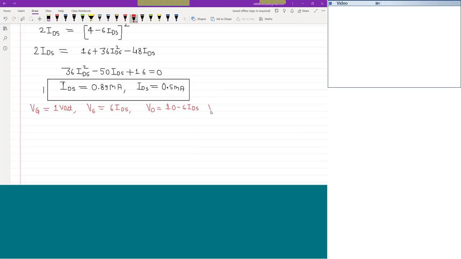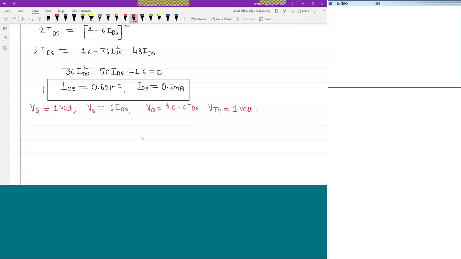What else do we know? That Vth is equivalent to 1 volt. This is the complete data which is available to us, and this data is dependent on IDS.